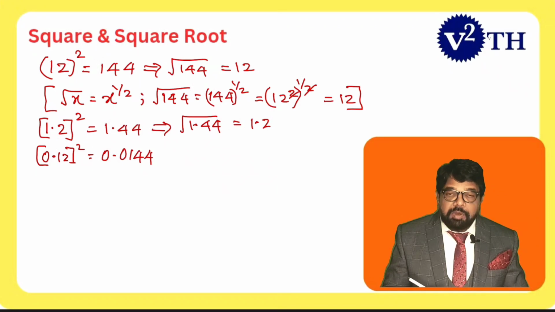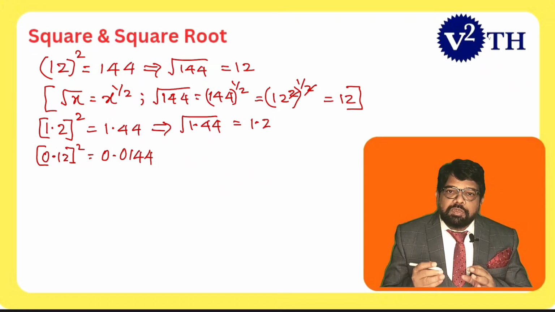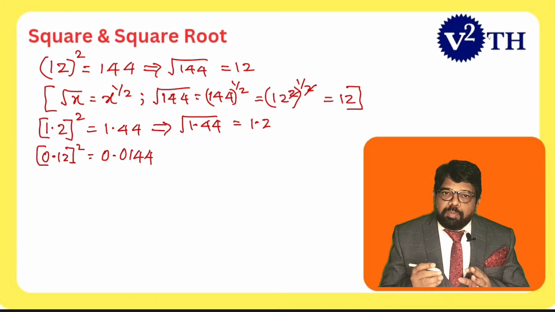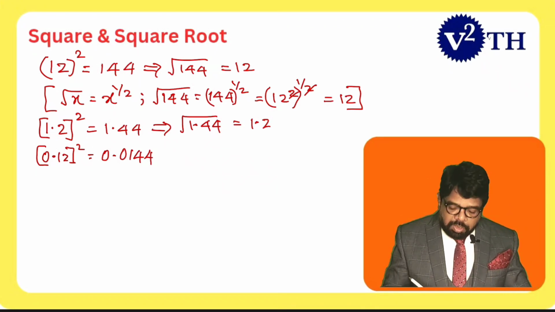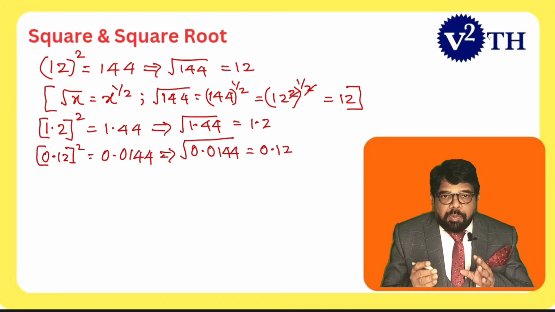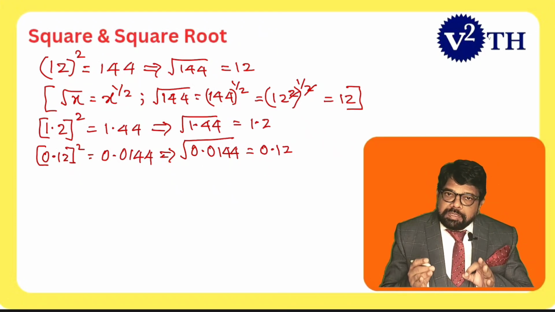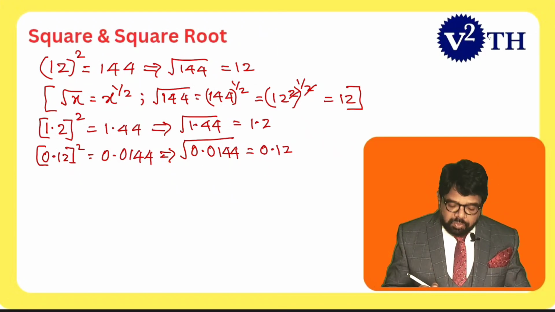So 0.12 whole square equals 0.0144, after decimal 4 digits. Now the square root of that value, the square root of 0.0144, is equal to 0.12. The 0.0144 can be written as 0.12 whole square again. Square and root get cancelled, you get 0.12.